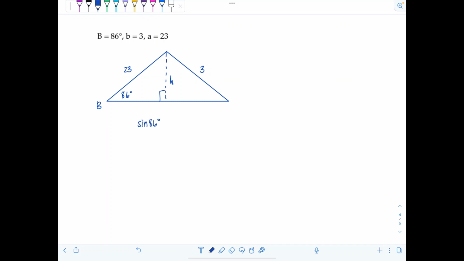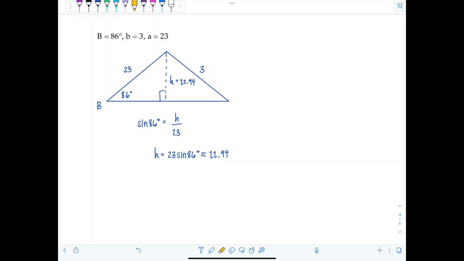Sine of 86 is equal to h over 23. So h is 23 sine 86. Let's see what that is. 23 sine of 86. And I have 22.94.